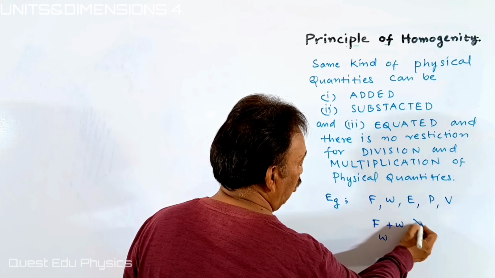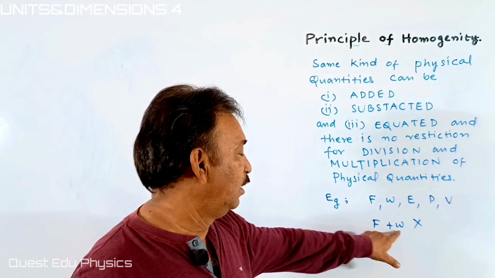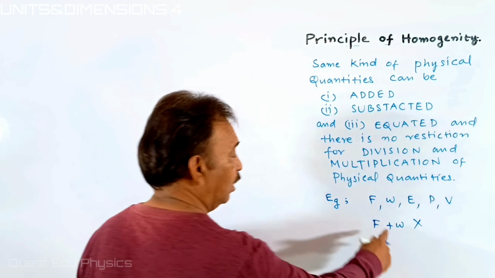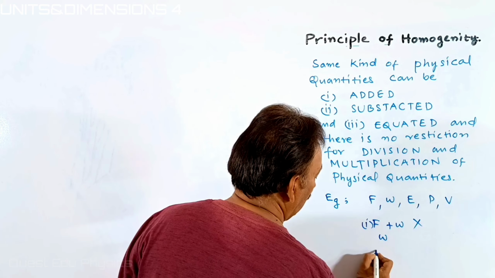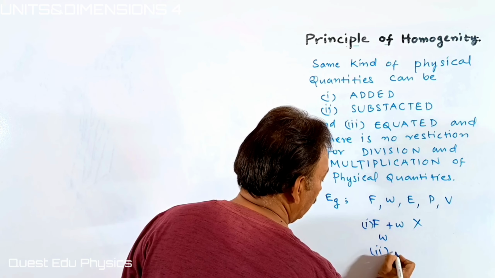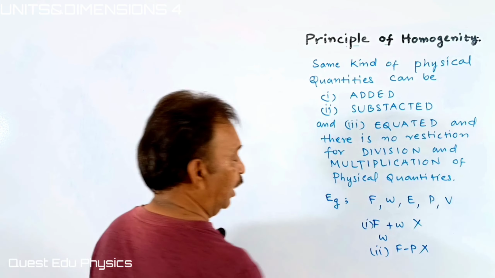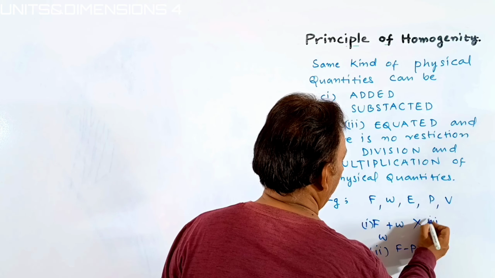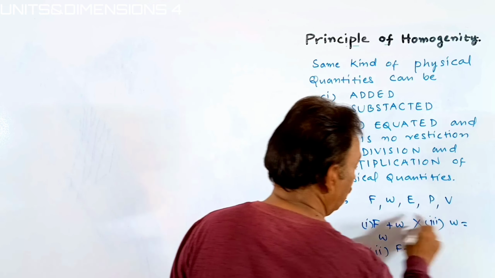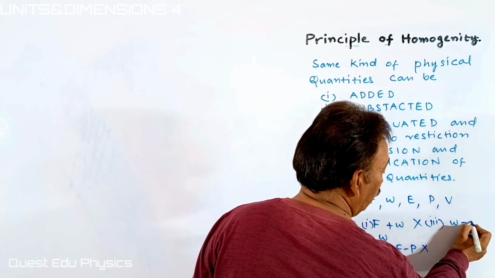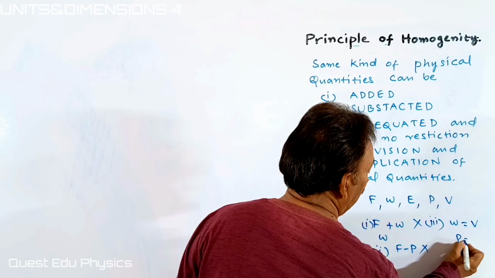It's the wrong way. You cannot add force with the work, for example one. The second, you cannot subtract force from pressure. It is wrong. And the third example, you cannot equate work with the velocity or pressure with the velocity.